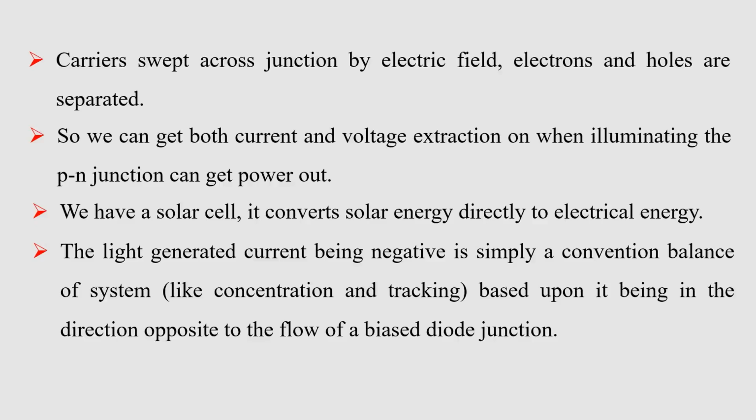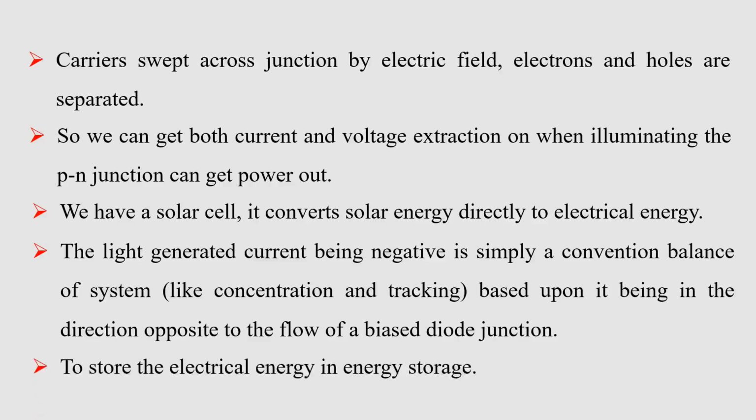Balance of system, like concentration and tracking, is based upon it being in the direction opposite to the flow of the bias diode junction. This means in this point we have also clarified the balance of system. Why is the balance of system used? It has two components, concentration and tracking.